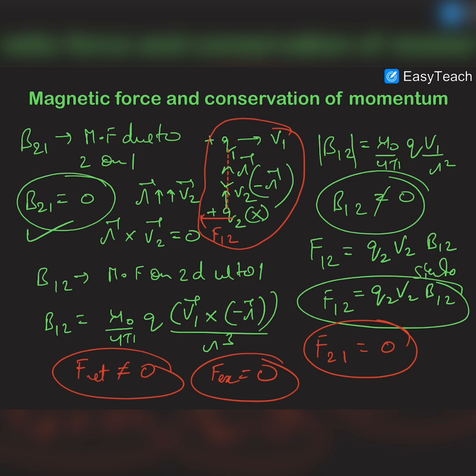And definitely we can say that the net electromagnetic force acting on Q1 and the net electromagnetic force acting on Q2 will be equal in magnitude and opposite in direction. Definitely.